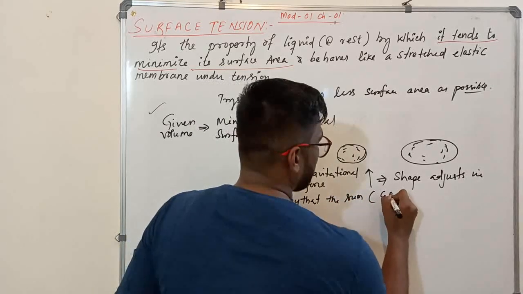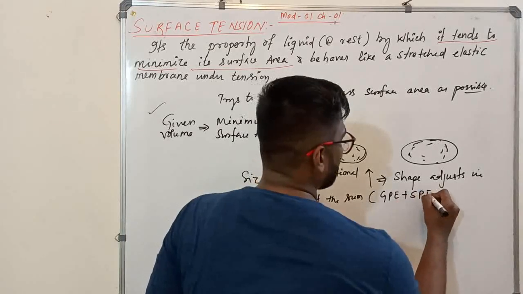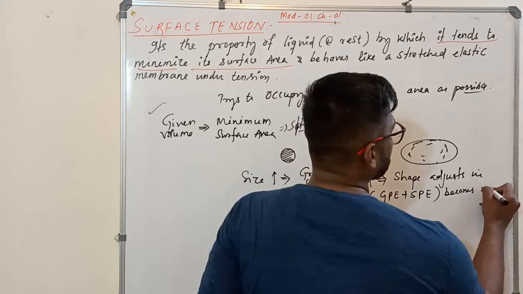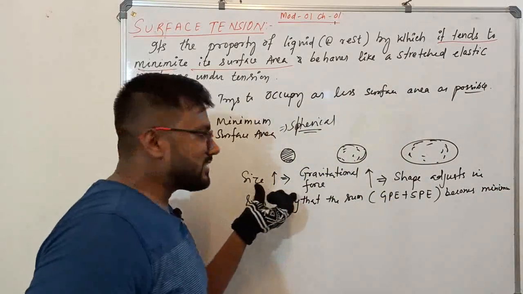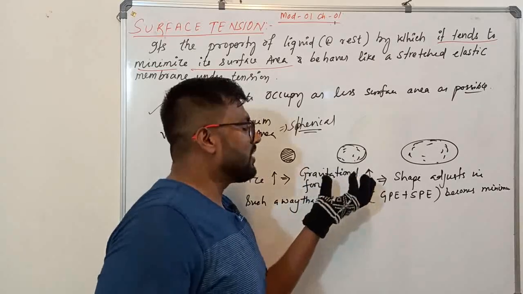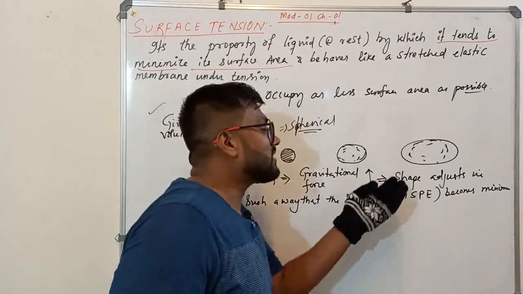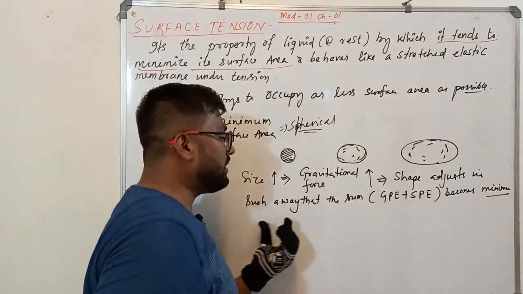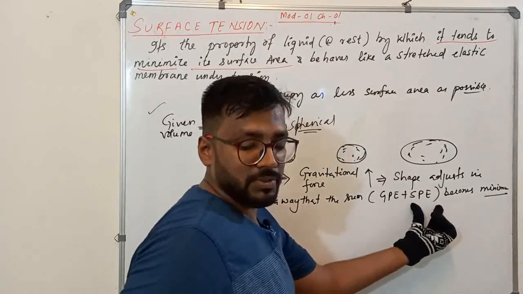Sir, gravitational potential energy and surface potential energy. Fantastic. Because of that, the shape adjusts to the minimum sum of gravitational potential energy and surface potential energy.